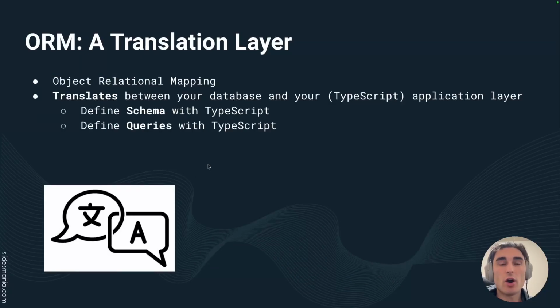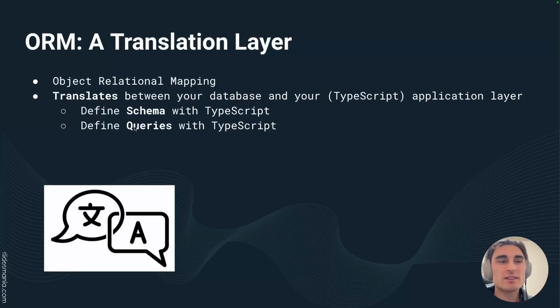Drizzle is called an ORM, which is an object relational mapping. There are other ORMs that are also great options for TypeScript. Notable ones include Prisma, or also, actually all the others are pretty garbage. Basically, Drizzle or Prisma are your best bets. What it lets you do is translate between your database schema and TypeScript.